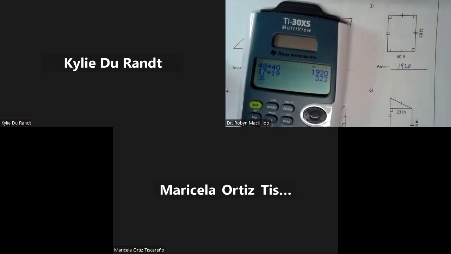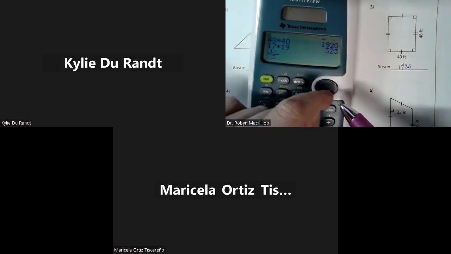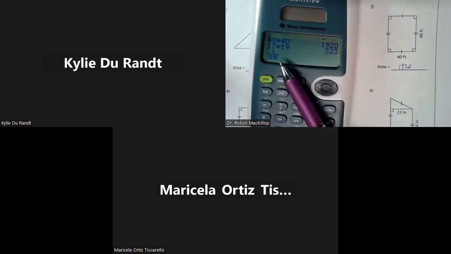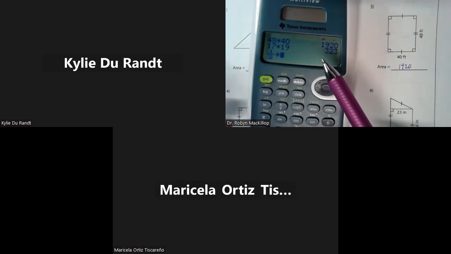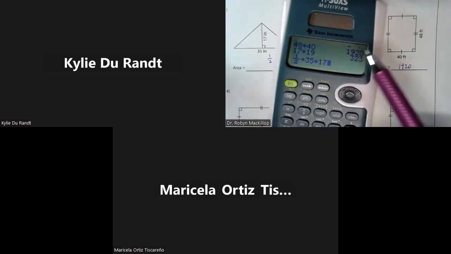You hit the fraction button, which is this n over d, and you get the nice little fraction set up. Put the 1 in, use your arrow button, which is this big gray button, arrow down, put your 2 in. Now see, your cursor is still in fraction mode. So again, arrow out of that. Now you can say times 35 times the height was 17.